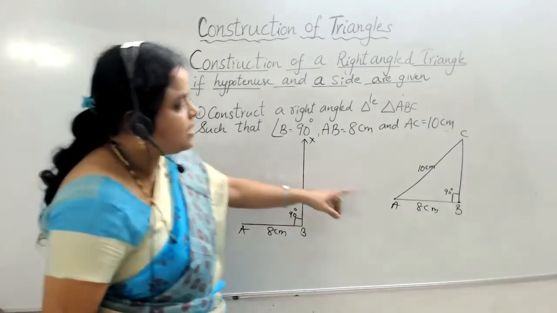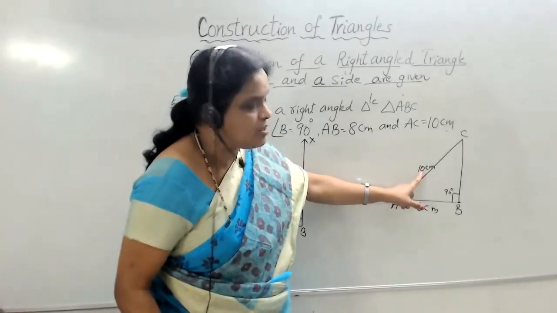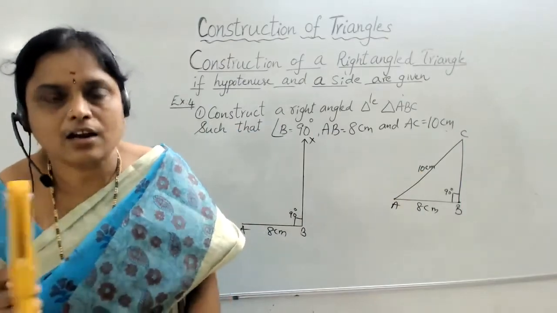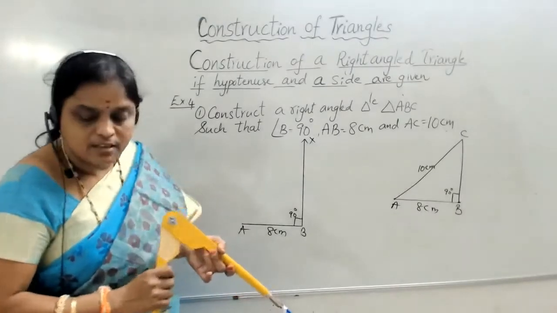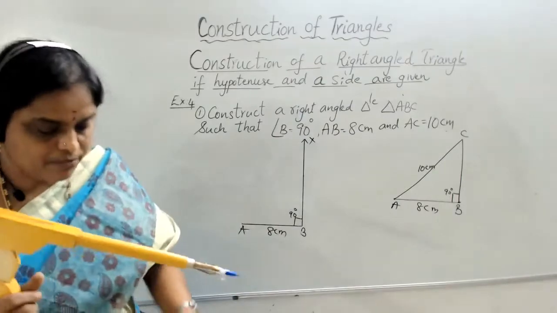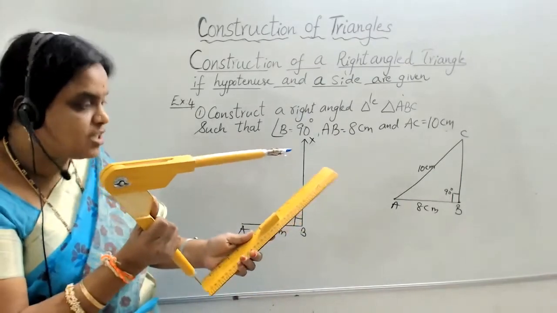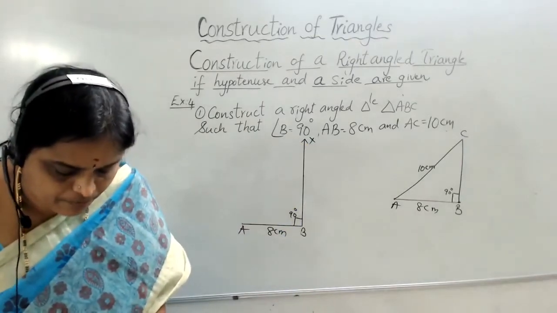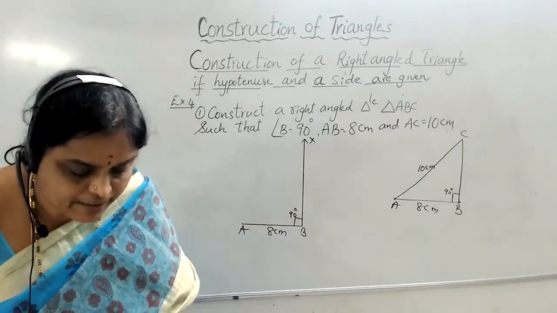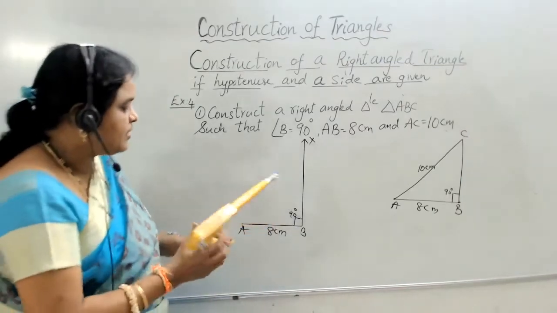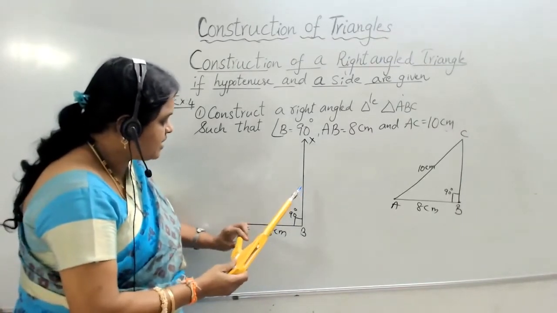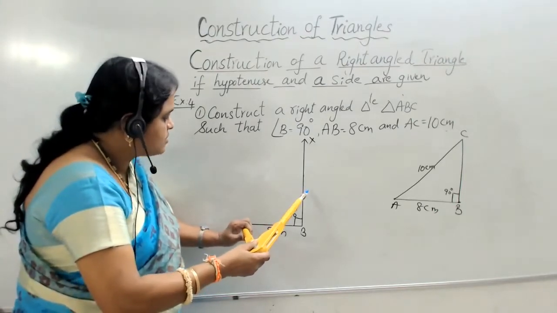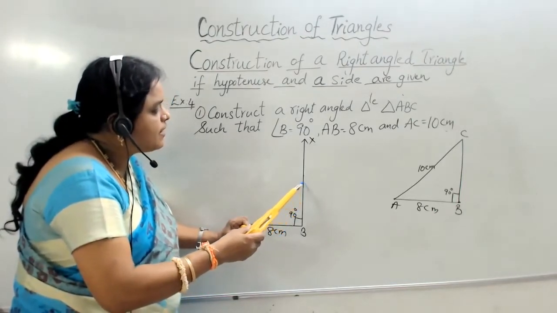Now, what is the next side? That is the hypotenuse, 10 centimeters. Now draw an arc of 10 centimeters. Take a length of exactly 10 centimeters on the scale, place it at A, and cut the ray with an arc.